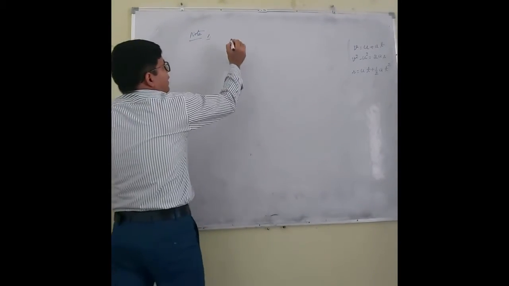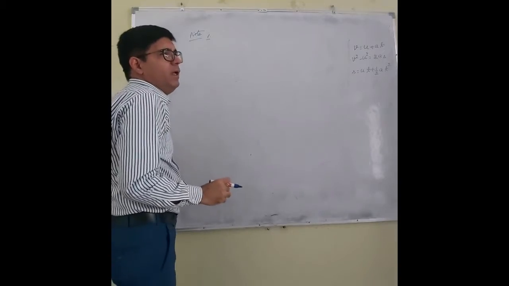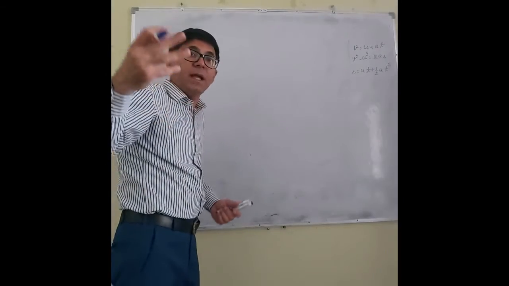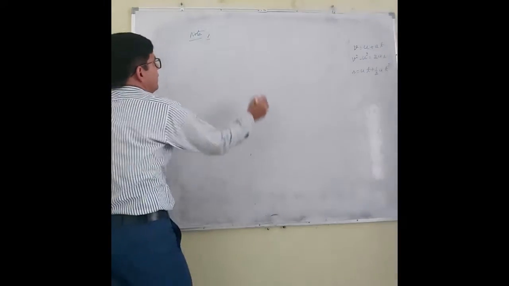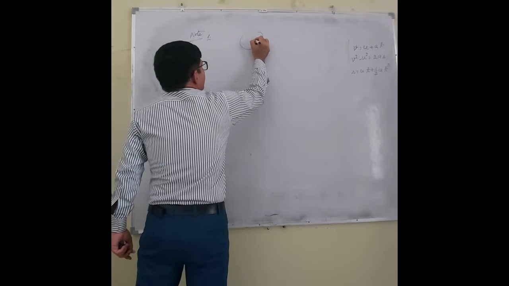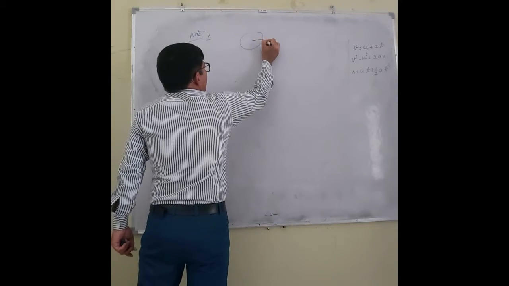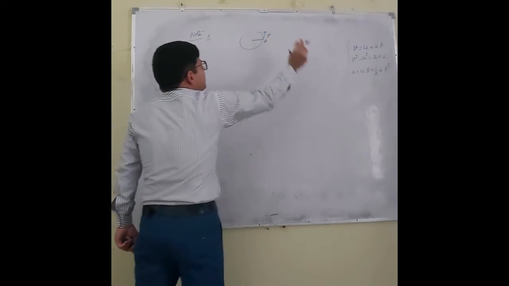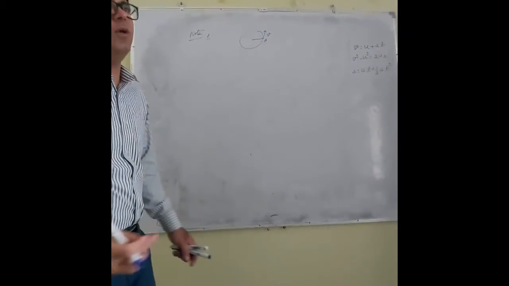The direction of motion of a body along a circle is given by a tangent to the circle. The direction of motion at point A is given by this tangent. The direction of motion and the direction of velocity are both the same.